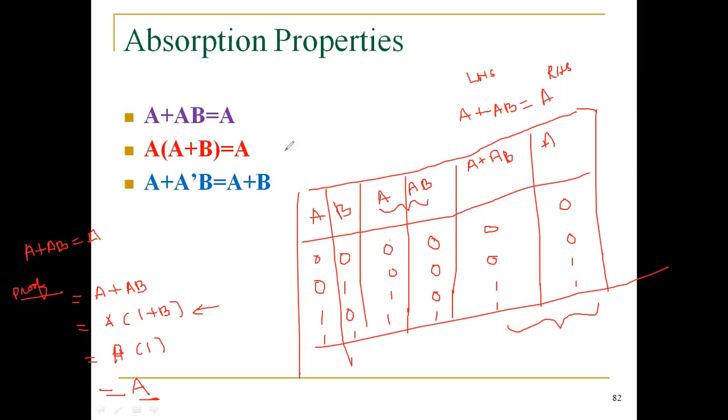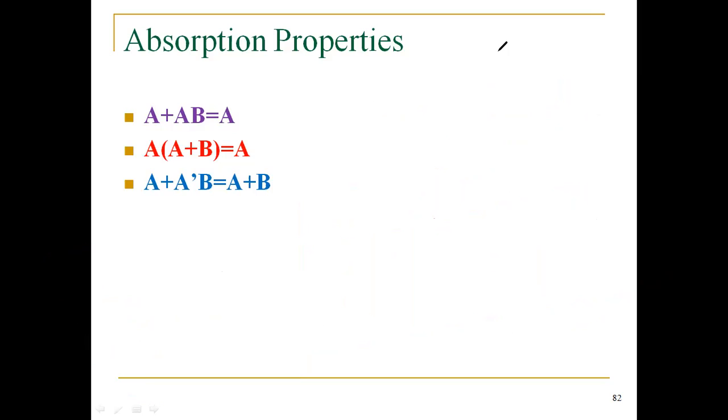Similarly, you can prove this expression also, either by using the truth table method or by applying the postulates, properties or Boolean rules, and then you can justify the properties. In your examination there may be a problem like this: A dot A plus B equals A, maybe a 2-mark question.